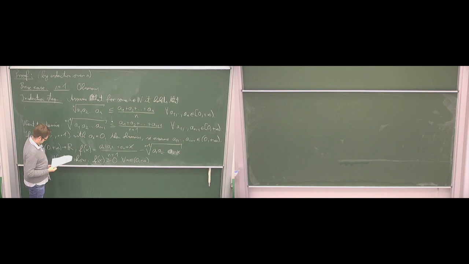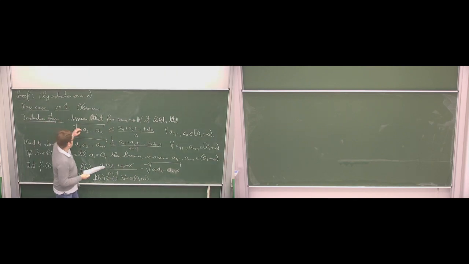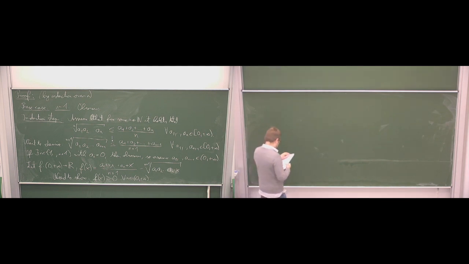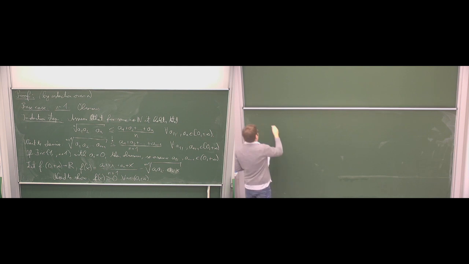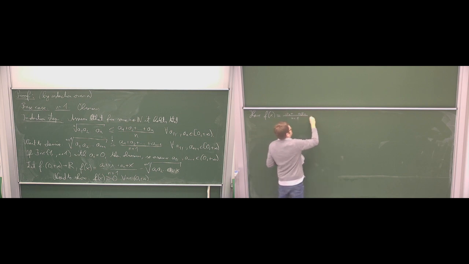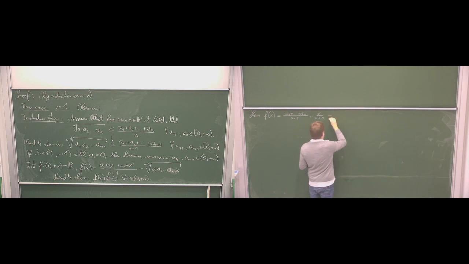Okay. Now, how do you do this? This is where derivatives come into play. So first of all, let me rewrite this a bit more explicitly. We have that f of x is a1 plus and so on plus an divided by n plus 1, plus x divided by n plus 1, minus, and now this n plus first root.